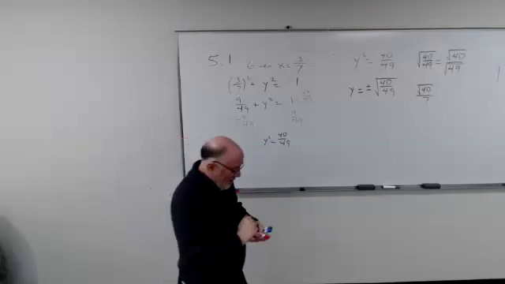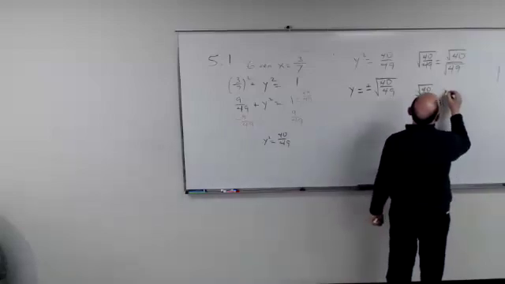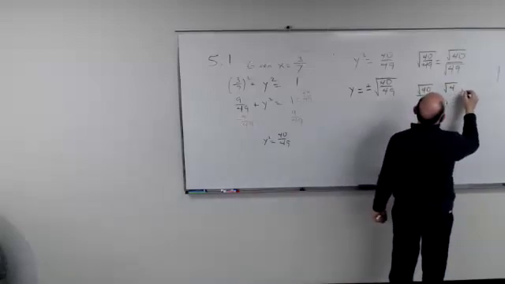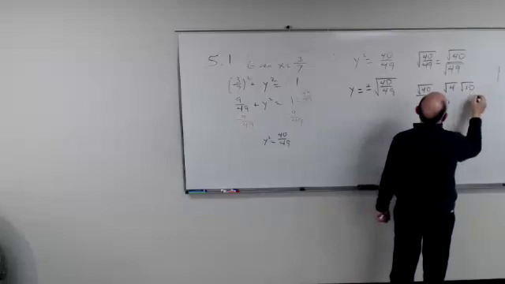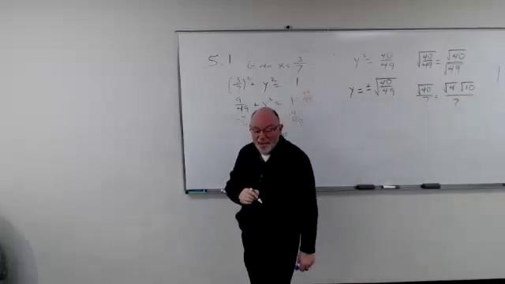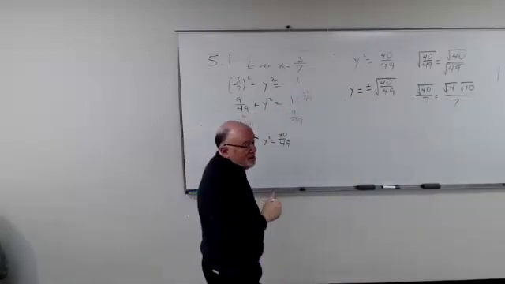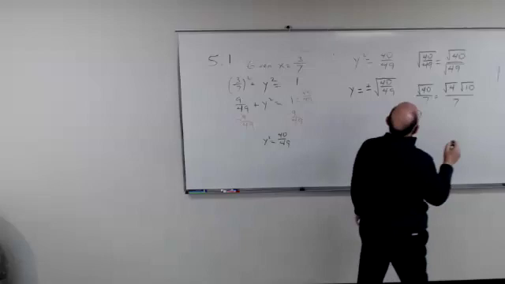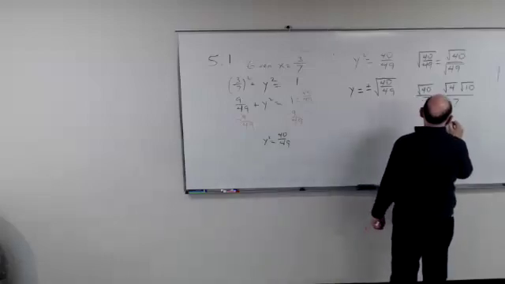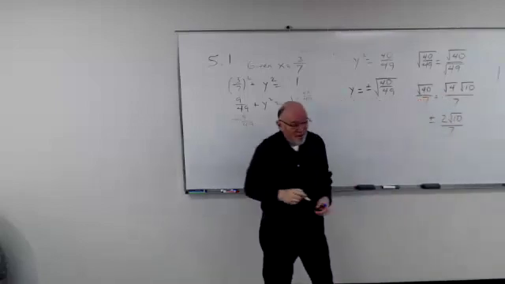4, right? So I can rewrite the square root of 40 as the square root of 4 times the square root of 10. And then the square root of 4 is 2. And so we get 2 square root 10 over 7.